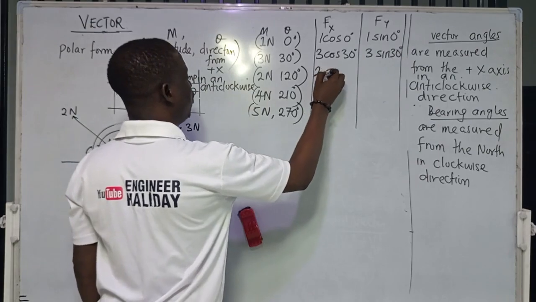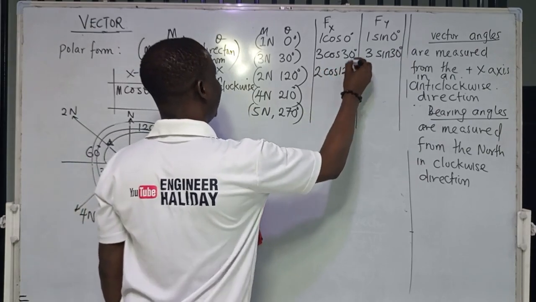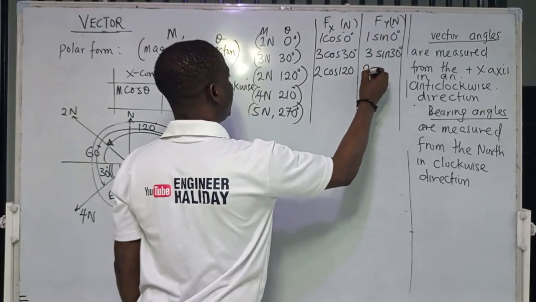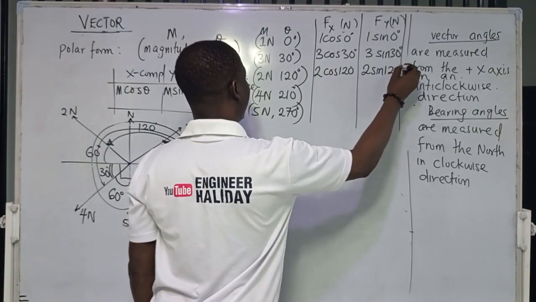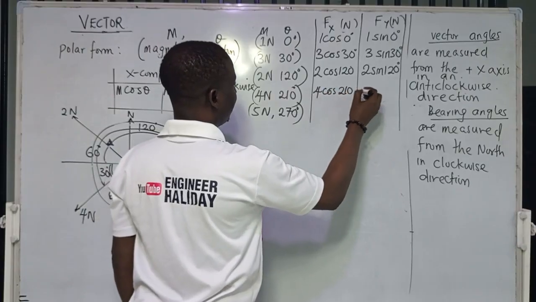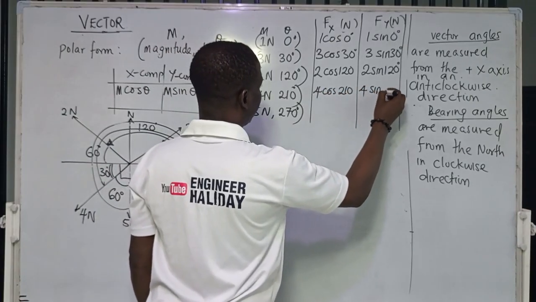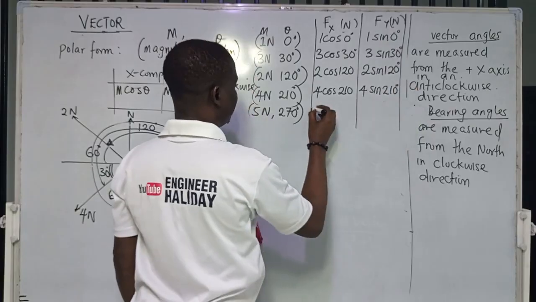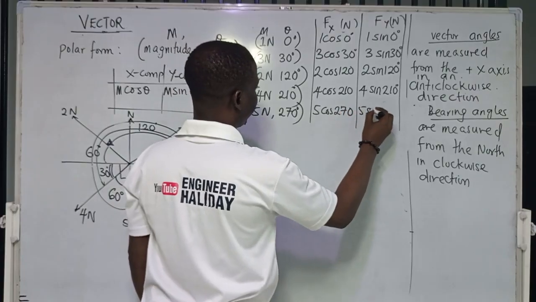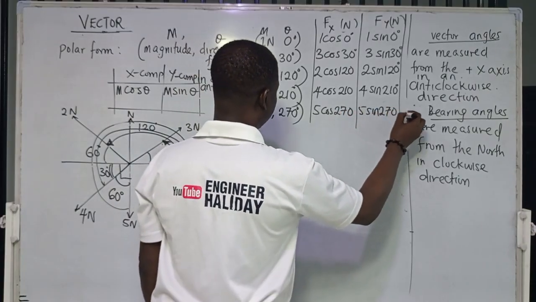Then 2 cos 120. Don't forget they are in Newton. Then 2 sin 120 degree. Then 4 cos 210, then 4 sin 210. Then 5 cos 270, 5 sin 270.